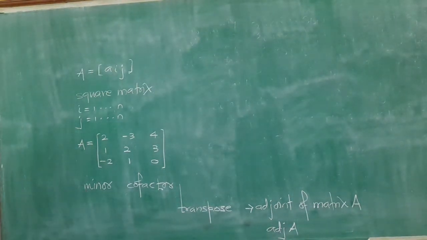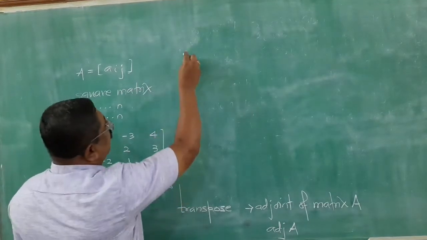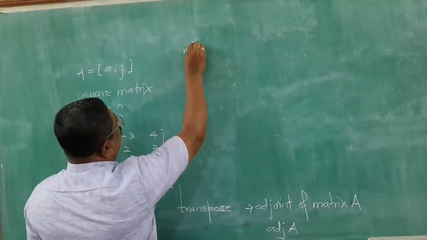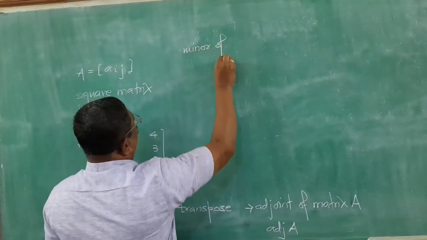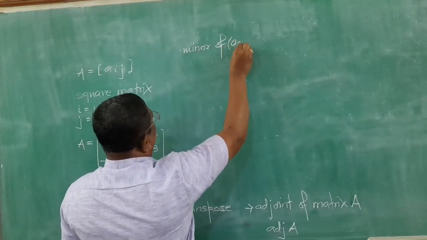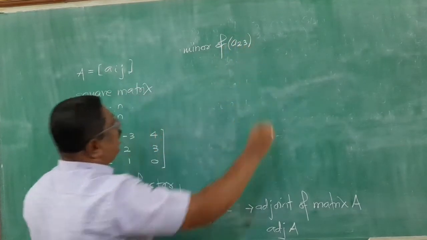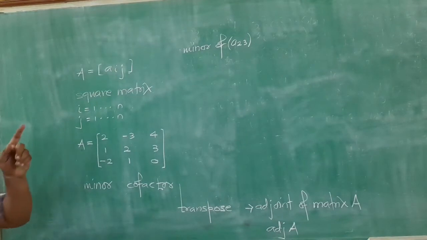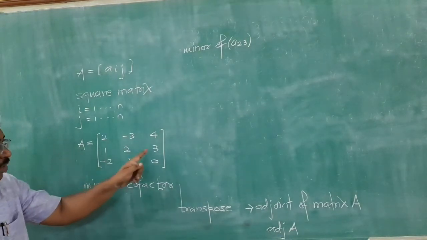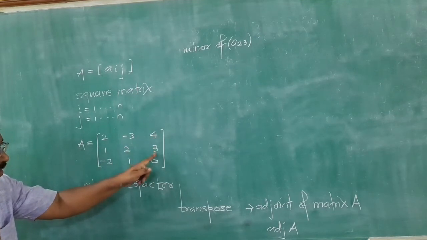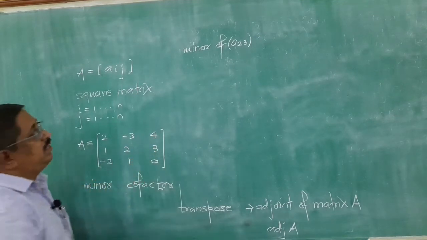Now to find out the minor of an element, let me choose the element A23. What does that A23 mean? Minor of element A23 means it is in second row, third column. This is the element which is 3.